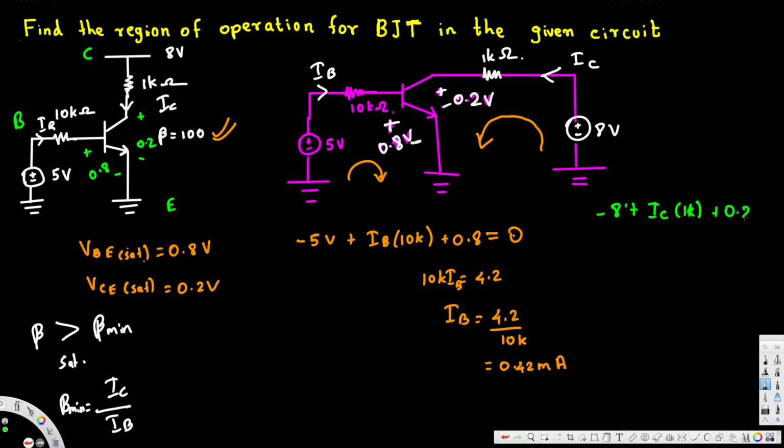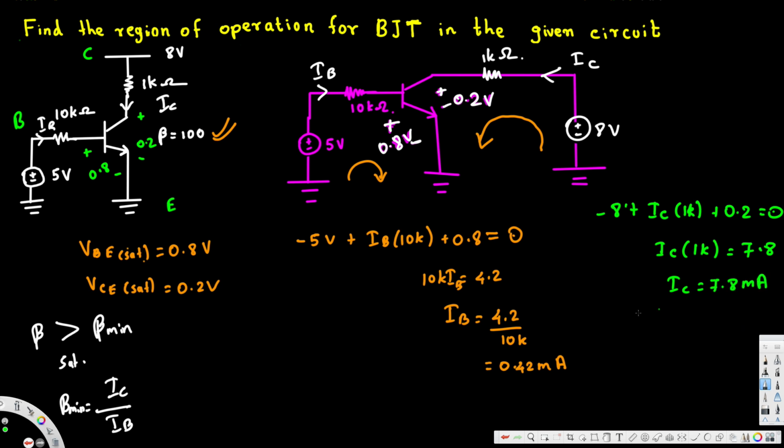Negative 8 plus 0.2 is negative 7.8. If I move to the other side, that's positive 7.8. IC times 1k is equal to 7.8. Therefore IC is equal to 7.8 milliampere.